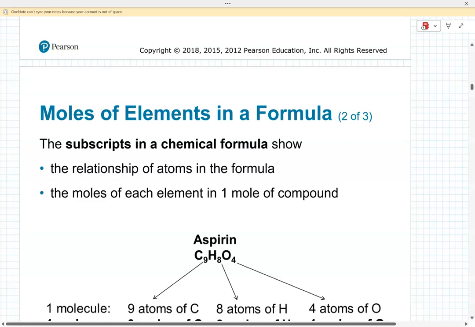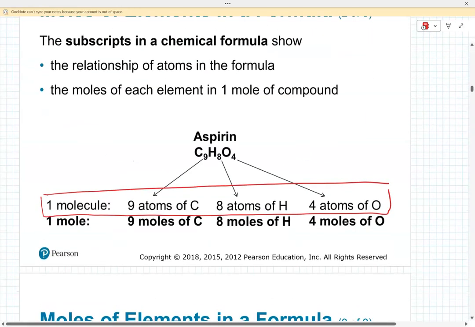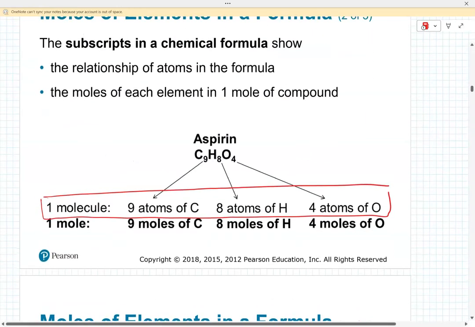So, do you agree with that statement on the bottom? Yeah? So now, I'm going to make this quick transition, and I will tell you that if we take not one molecule, but 1 mole of aspirin molecules, within that 1 mole of aspirin molecules, we're going to have 9 moles of carbon atoms, 8 moles of hydrogens, and 4 moles of oxygens.